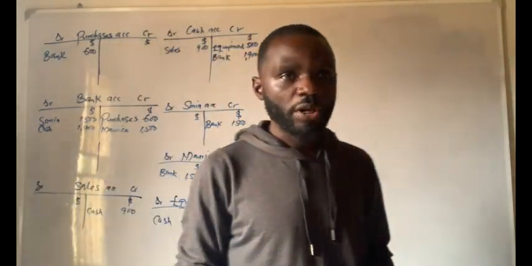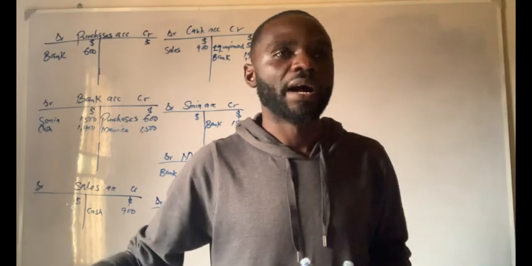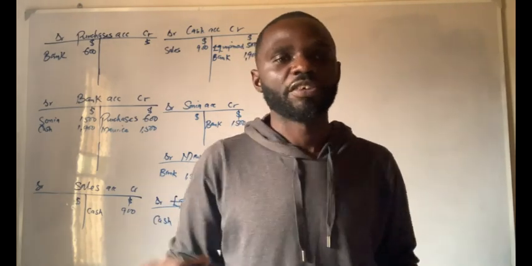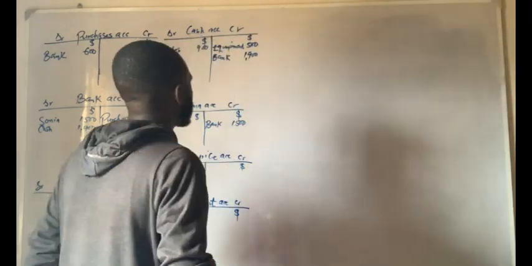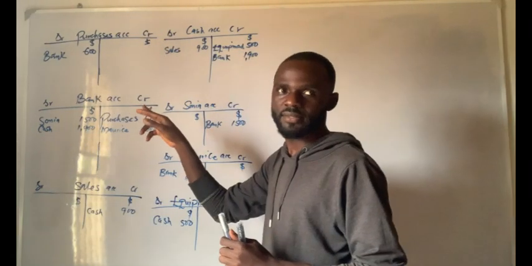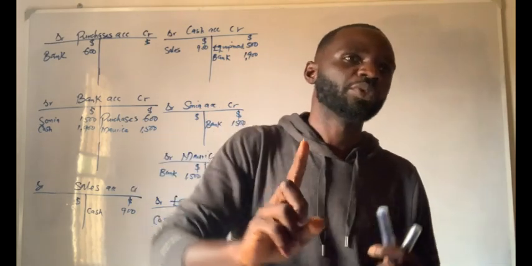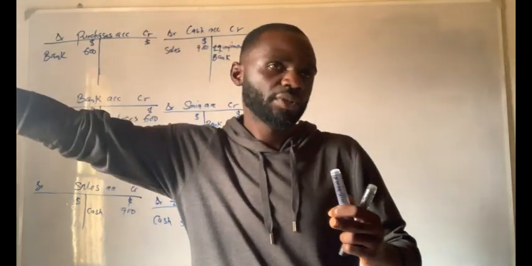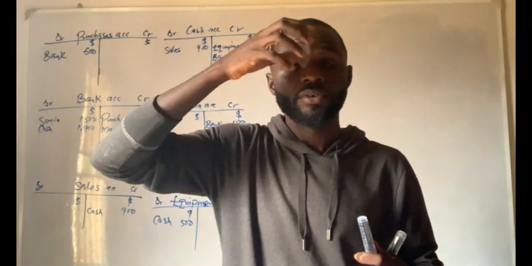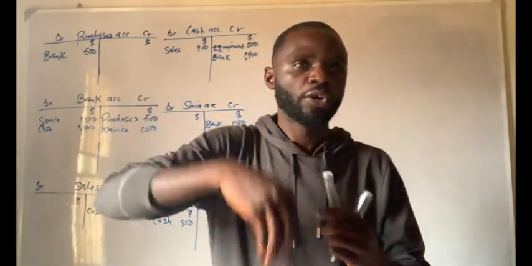So next will now be on the 11th, we drew cash from bank for family use, $500. So this time around they took cash, yes, but from where? From bank. So bank is a giver. But this time around, they are withdrawing not for the business, but they are using it for something else. It's for private use. And the only person that can withdraw money for his family use or private use is the owner of the business.